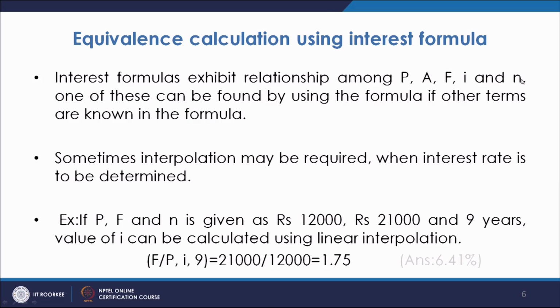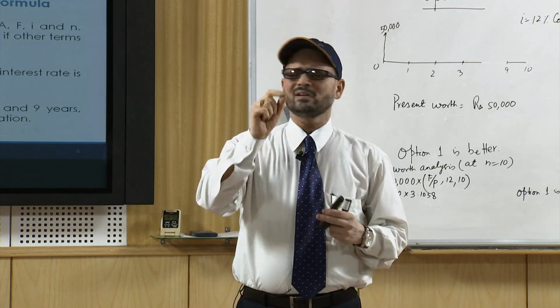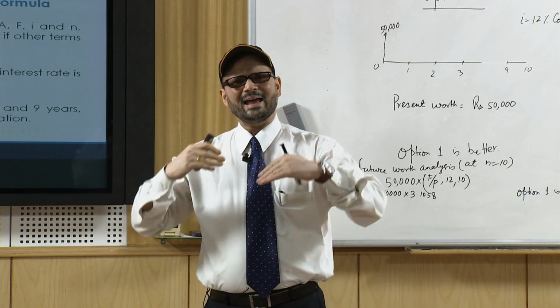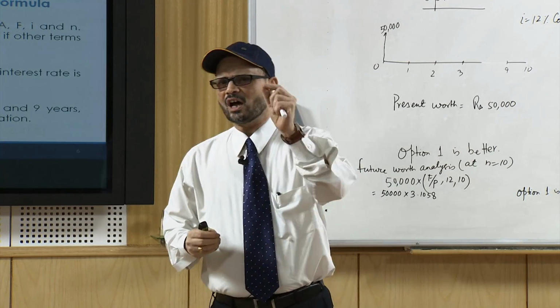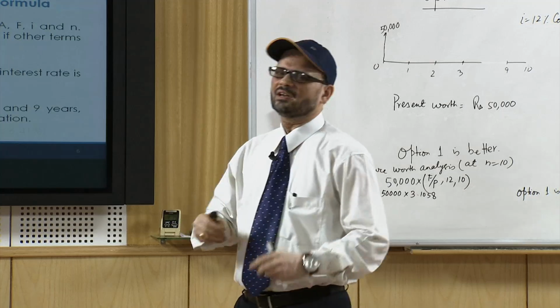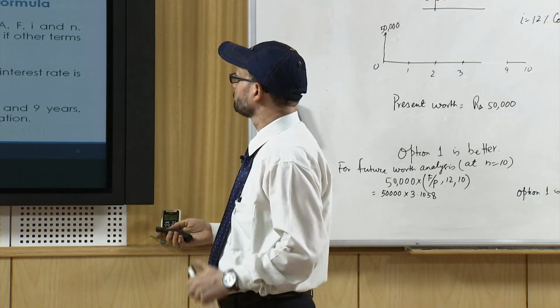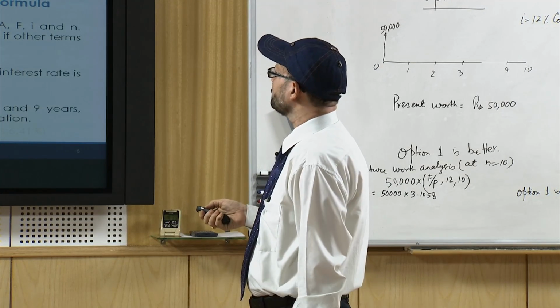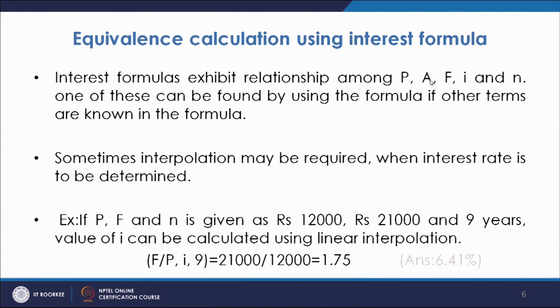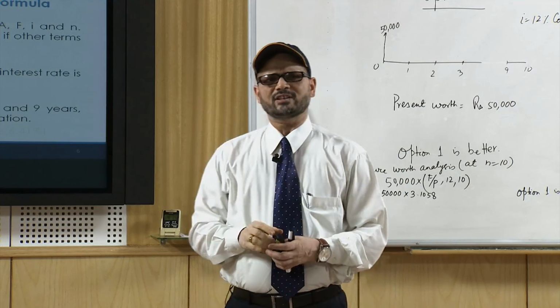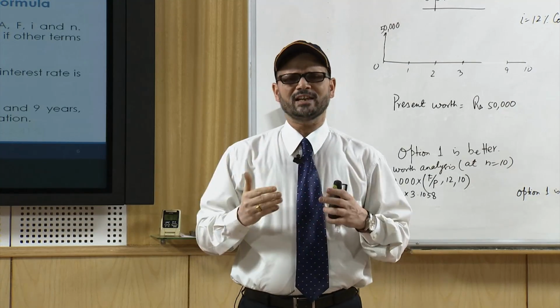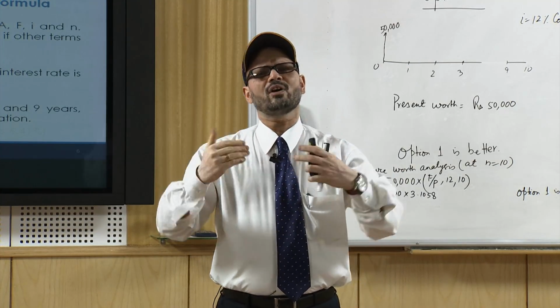In the particular formula, if one of these is not given and the other quantities are given, you can always find that unknown quantity or parameter using the expression. Sometimes, when the interest rate is to be determined, we have to use the linear interpolation formula, as we will see in the example.